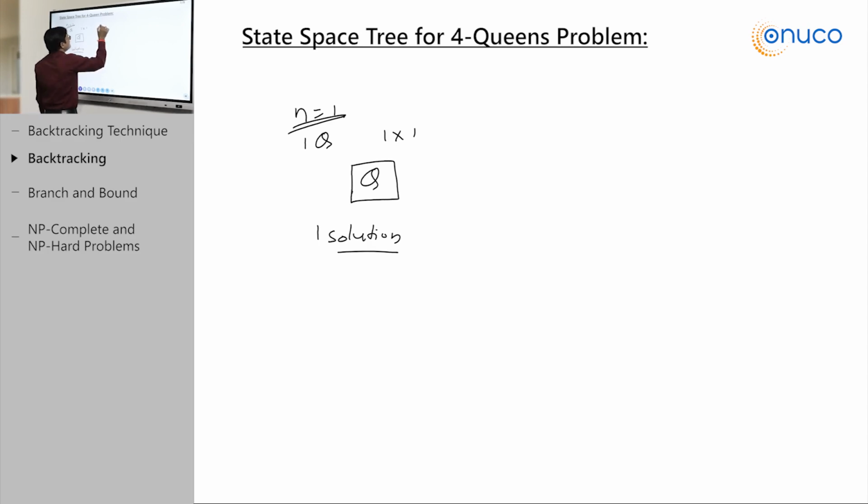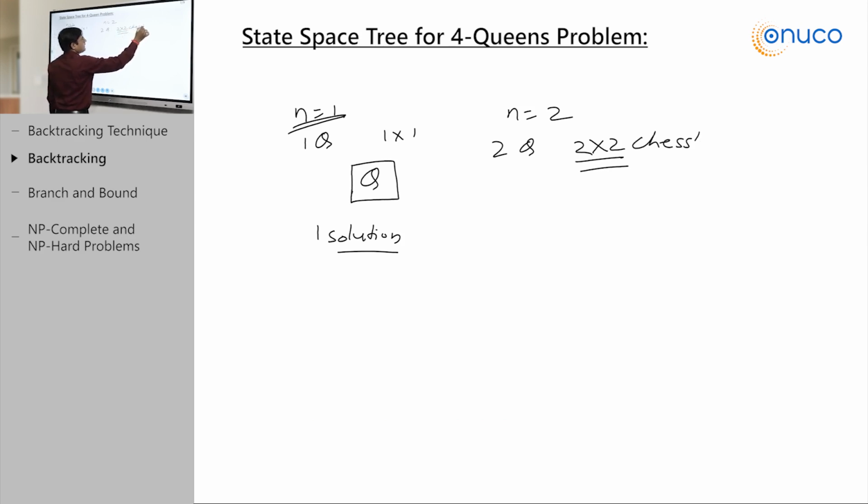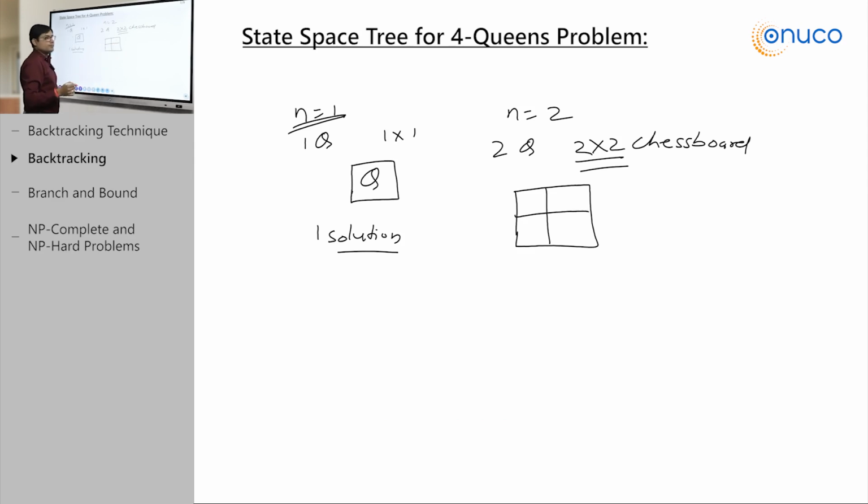Now say n is equal to 2, then you have to place 2 queens on a 2x2 chessboard. In that case, how many places will we have? 2x2 means there are 2 rows, 2 columns.